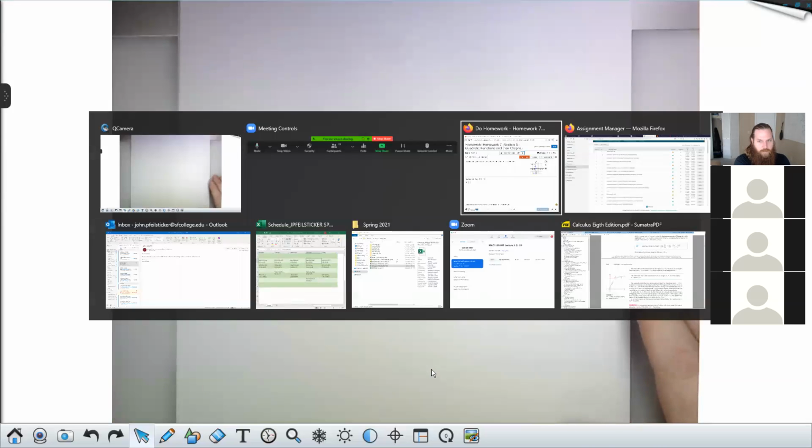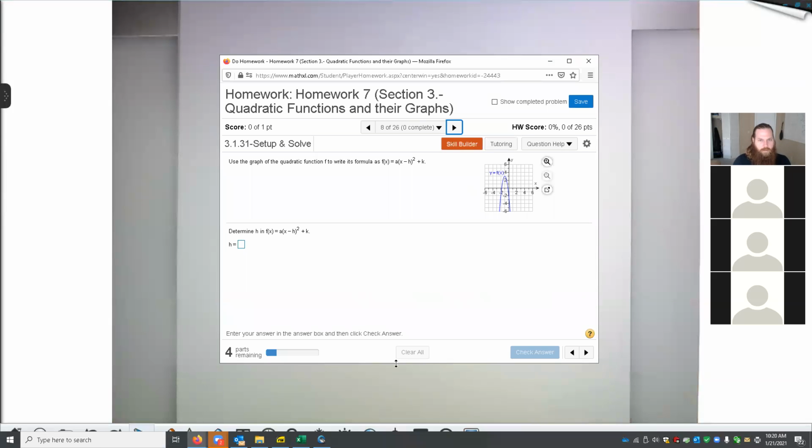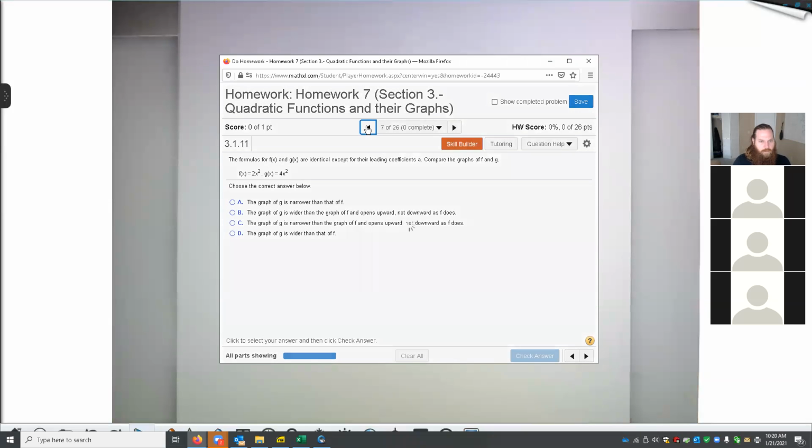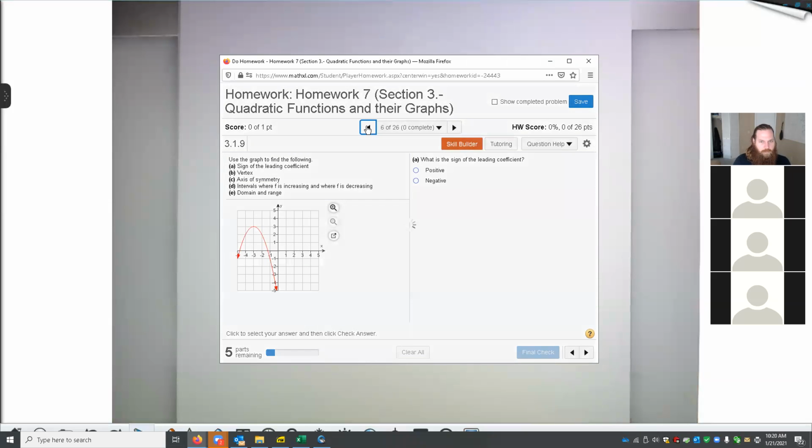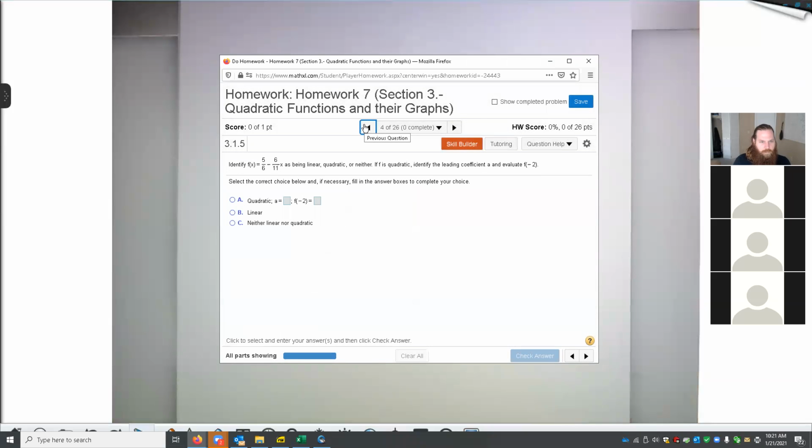Okay, so I'm going to tab back over to the homework here, and we'll go ahead and look at one of those earlier questions. Linear, quadratic.